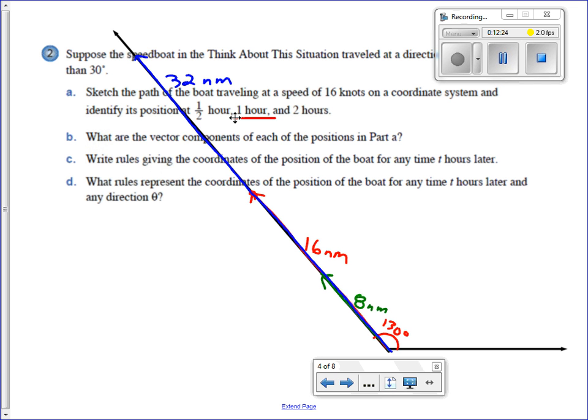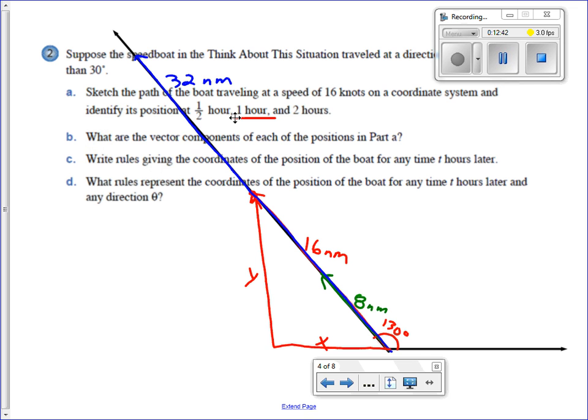If I take the first vector, that is my x, here's my y. X is always magnitude times the cosine, y is always magnitude times the sine. Well, let's think about this.